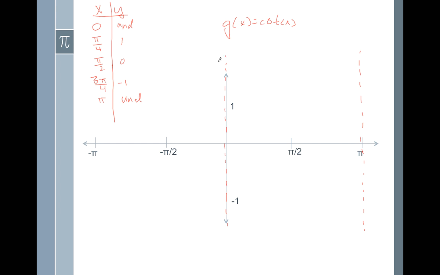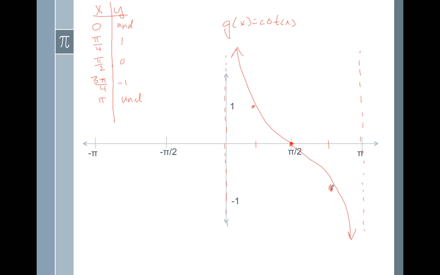Pay very close attention to the fact that the asymptote on the y-axis, that's the thing that we're going to be moving later on in our other examples. At pi halves, it is 0. And the halfway betweens, the pi fourths, is at +1 on the left and at -1 on the right. And it looks almost identical to tangent, except for it's upside down.